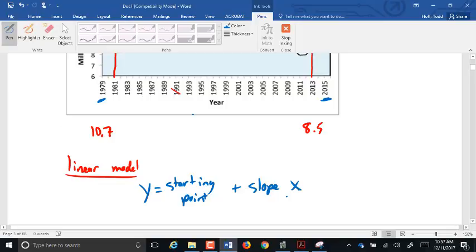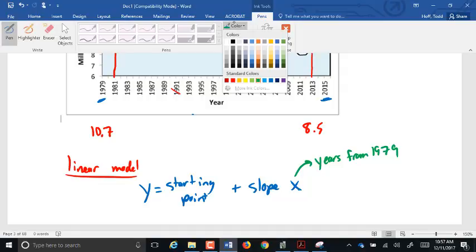In this case, the x variable would be years from 1997. Or 1979, not 97. So let's take a look here at finding that information.